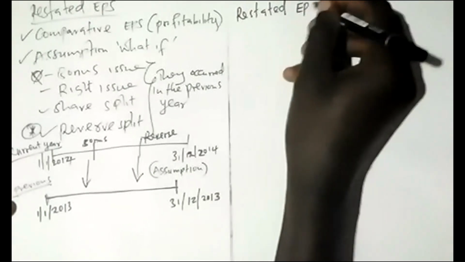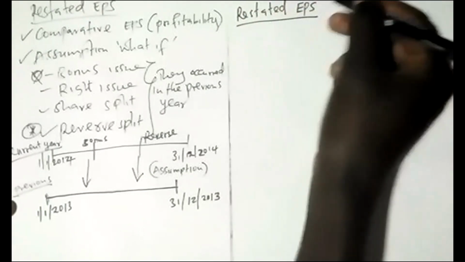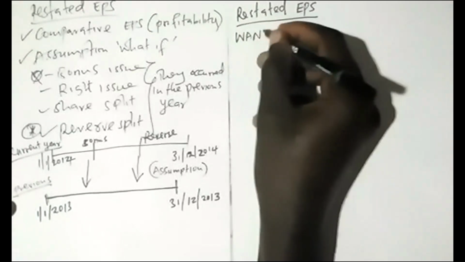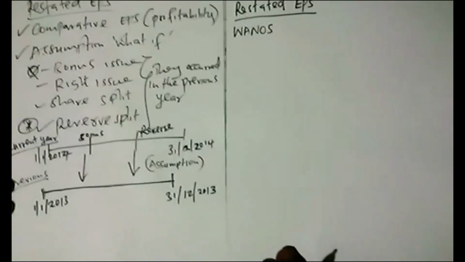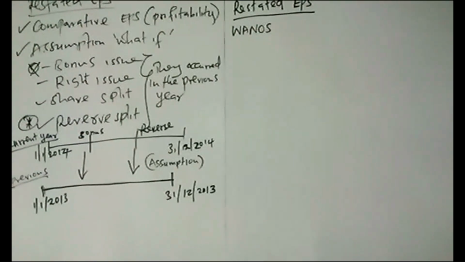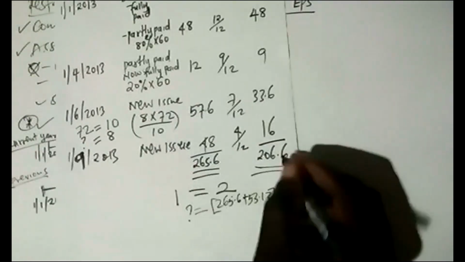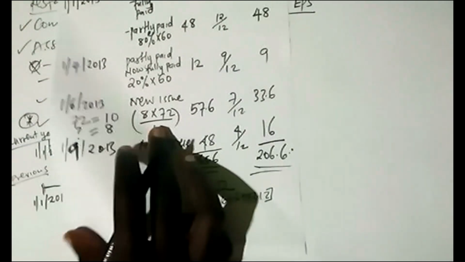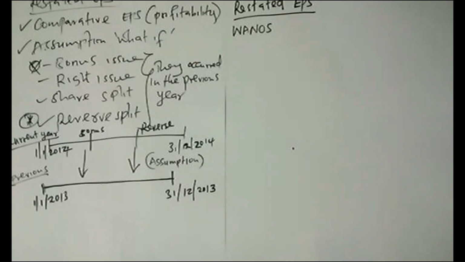I have to start with 1 of 2013, which we have already. You remember very well we did 1 of 2013, and it was 206.6. So that is 2013.